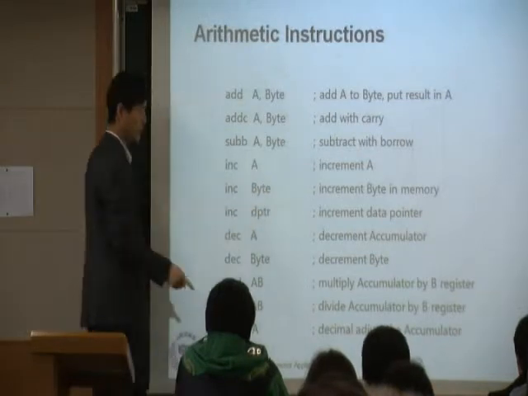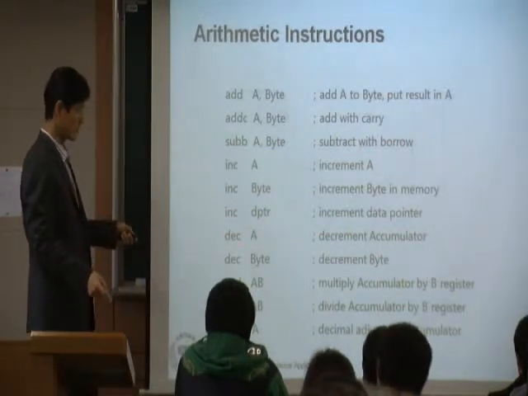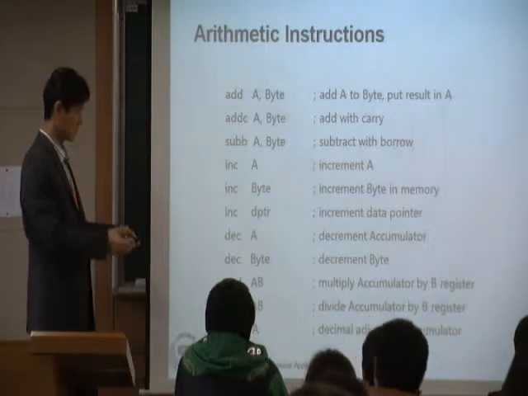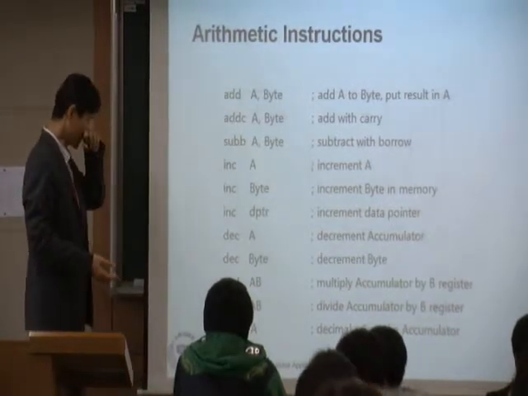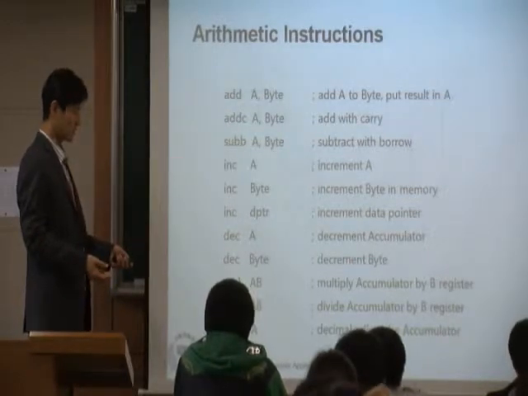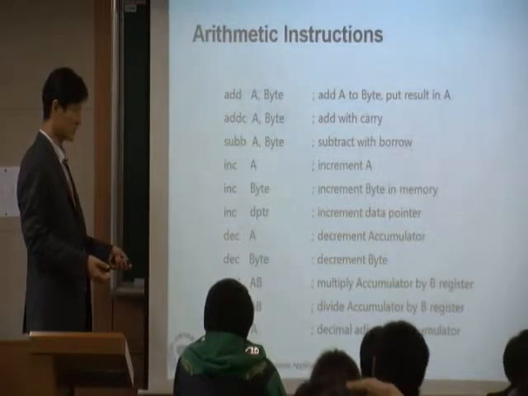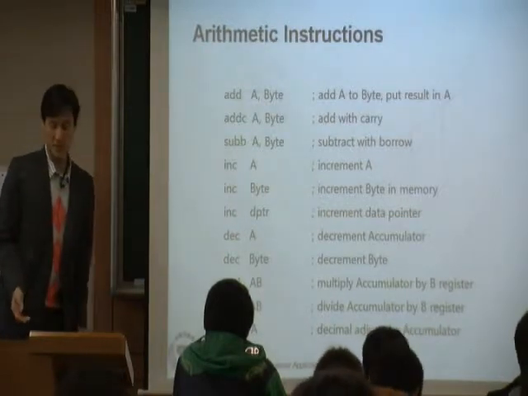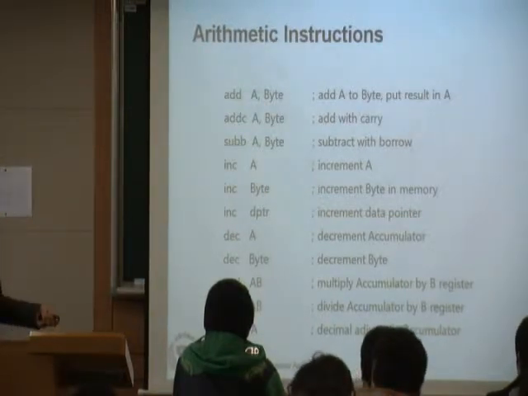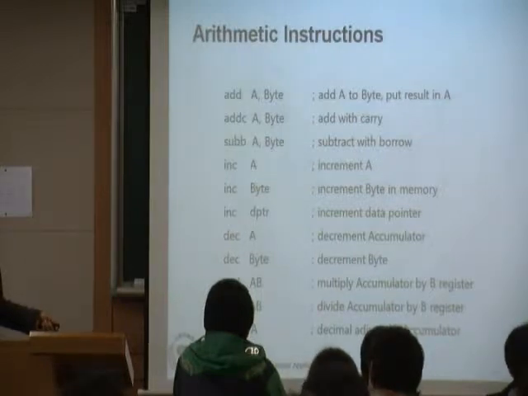Also the pointer you can increment. Decrement also, the value in here you can decrement, you can do -1. There's an instruction called multiplication, and also division. And the last one is decimal adjust. I think this one is not that popular. This is a little bit confusing.